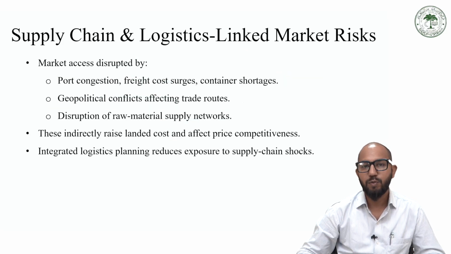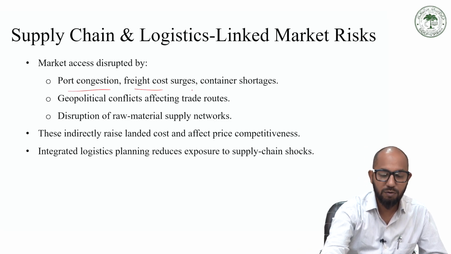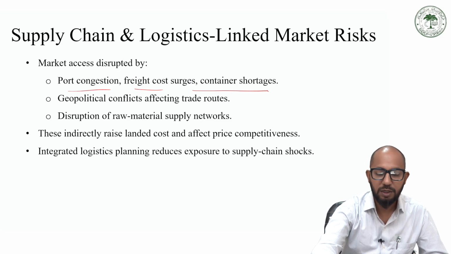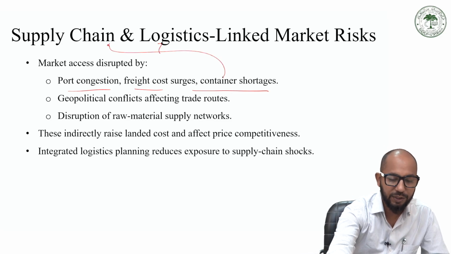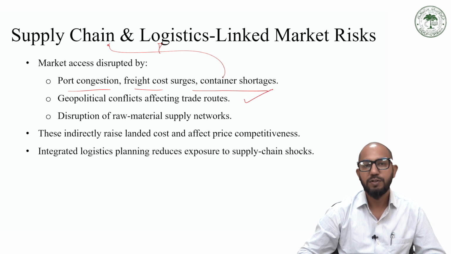Let us now try to explore the supply chain and logistics relationship which can link market risks together. Market access is sometimes disrupted by port congestion, freight cost, and container shortages, which are part of the supply chain and logistics. There can also be geopolitical conflicts which affect trade routes.